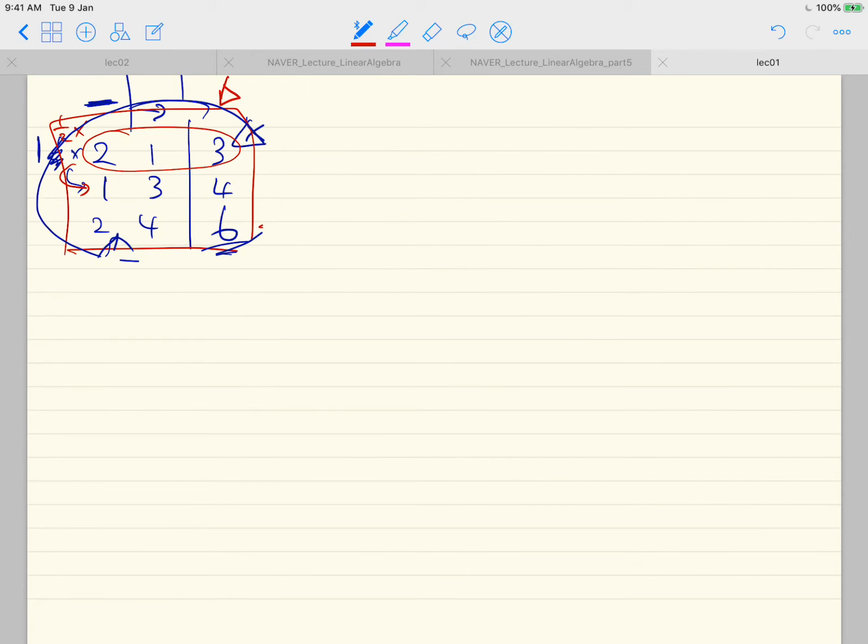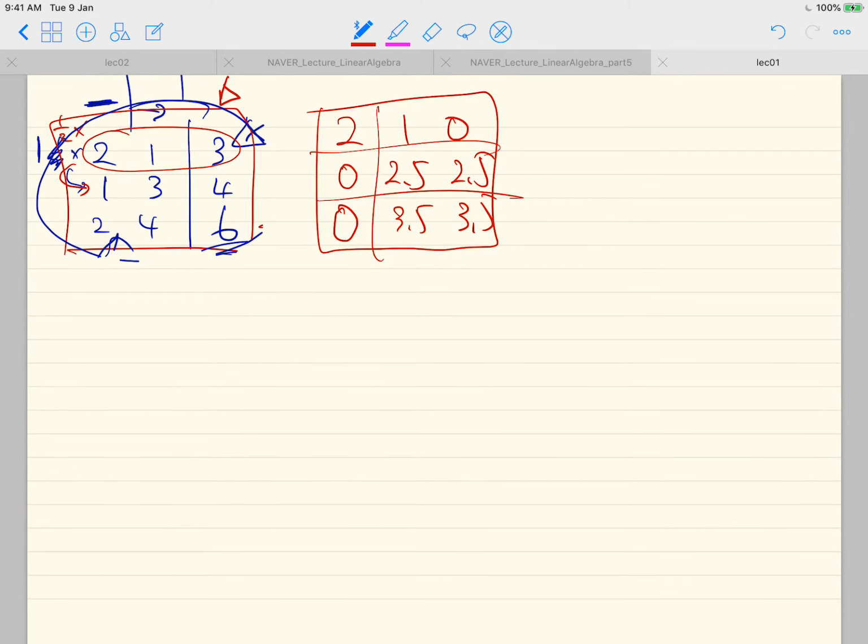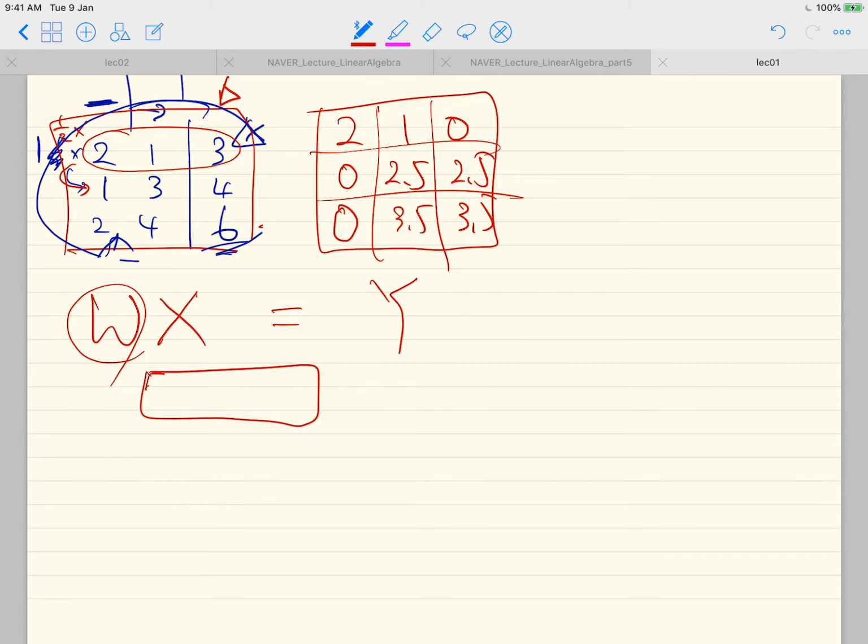So in this case, let's think of the row replacement operation, which produces this. Right, so this was the one-step Gaussian elimination result, right? And then how can we represent this also as a matrix multiplication on the left? Okay, let's imagine this W. So what about the first row of W?